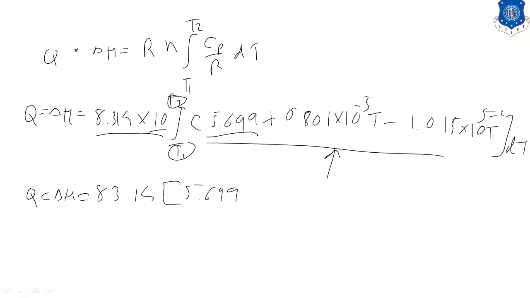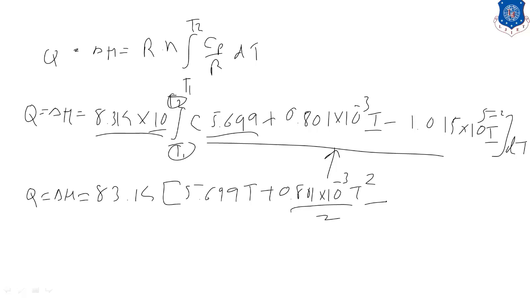5.699. Integration of this becomes T here plus 0.801 multiplied by 10 raised to minus 3, integration of this T which becomes T square upon 2, and integration of this term will become T raised to minus 1 upon minus 1.